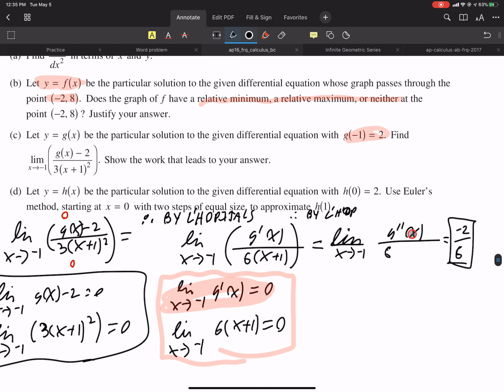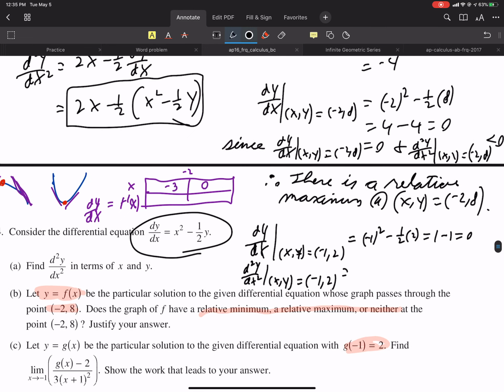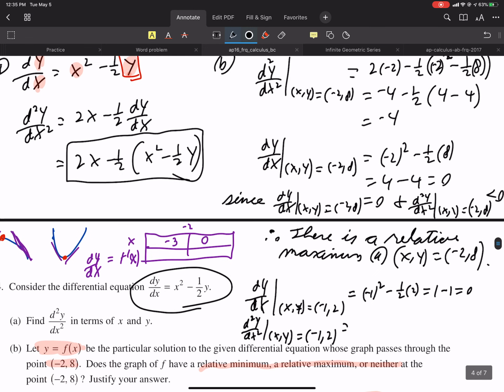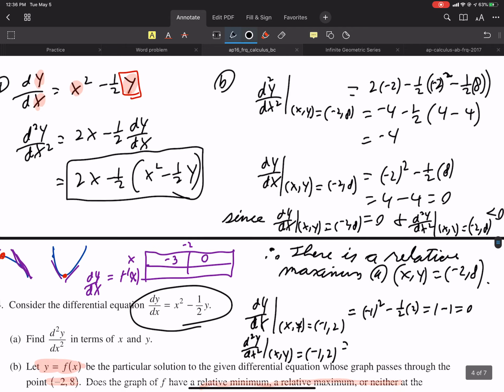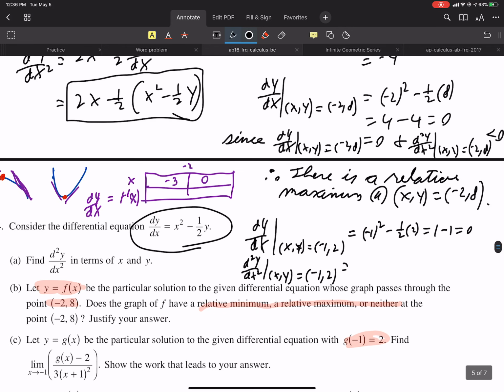The second derivative, we have that. So d2y dx squared at xy equals -1, 2. We found it way up yonder, in part A. I see it in the top left there.